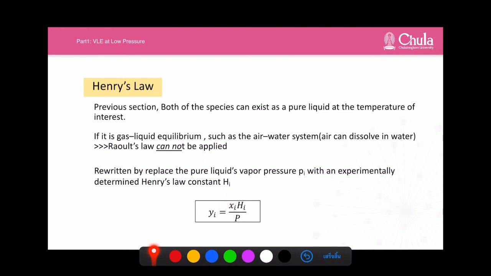Because for Henry's law, usually we apply this model to a system where we have, for example, water and oxygen, okay, a condensable phase with a non-condensable phase.